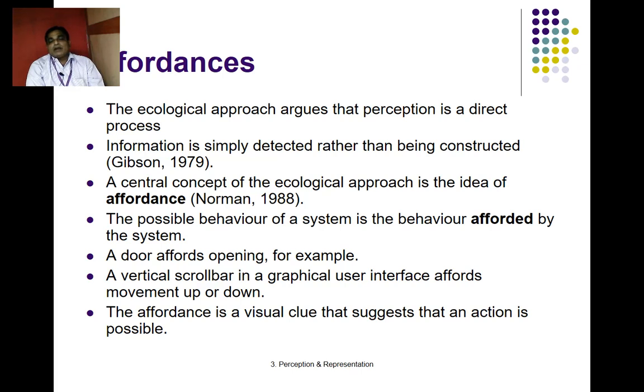It tells us that we can find hidden information if we scroll down, or we can find hidden information if we scroll up. That is, affordance is a visual clue that suggests that an action is possible.